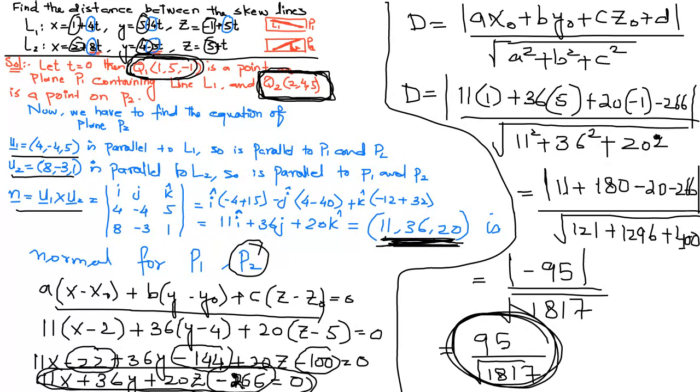And after that, if you choose the point 1 and simplify for the distance, you will get 11, 36 and 20.